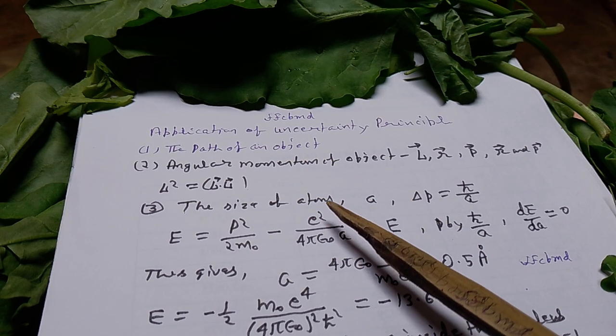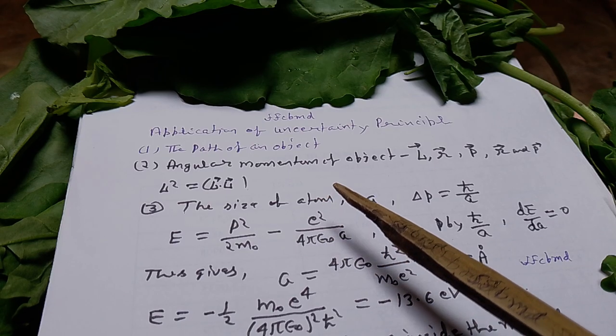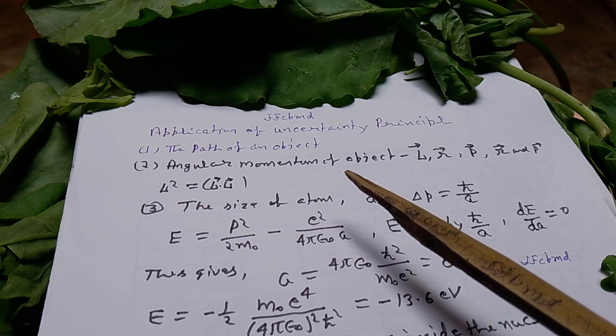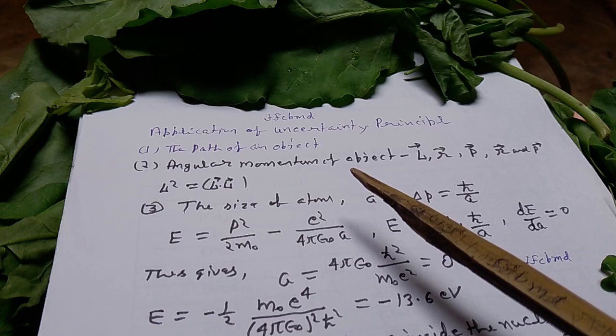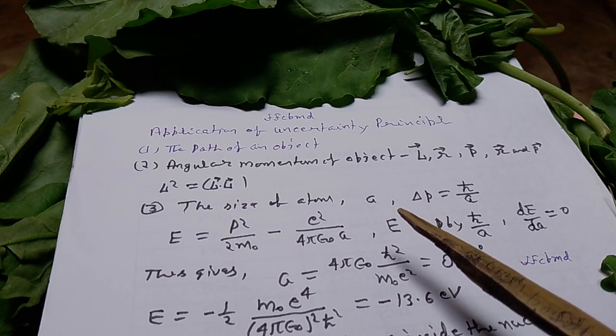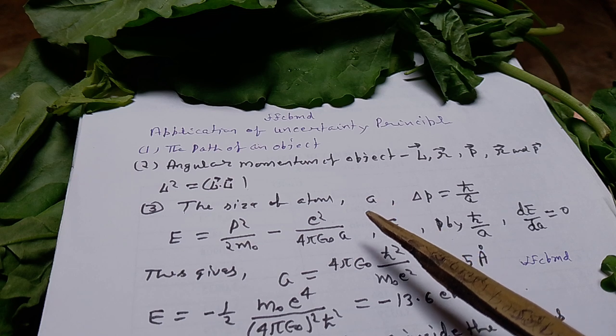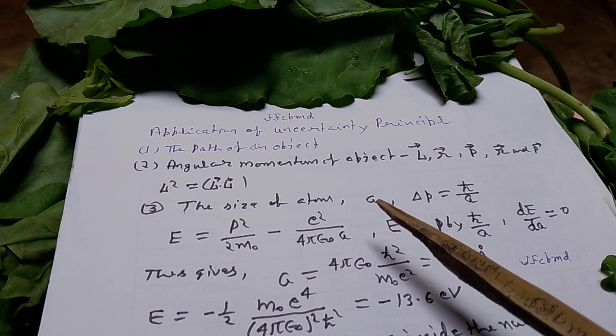Next application, the size of an atom. We can use the uncertainty principle even to determine the approximate size of an atom. Consider the example of the hydrogen atom. A hydrogen atom has a proton and an electron.